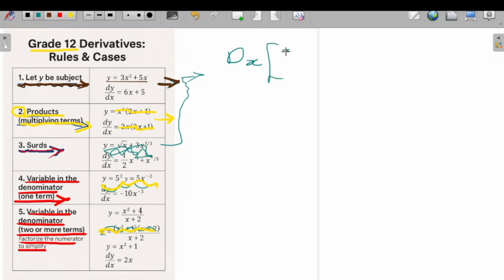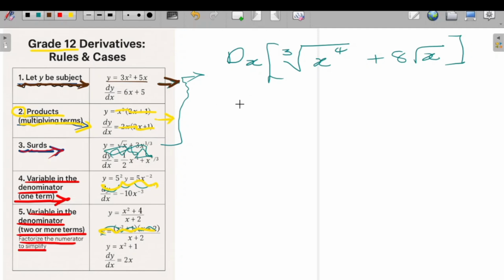I'll write it first, then you pause the video, see if you understand, and then see the final answer. So here I have plus 8, and then I have x. So this is what I have. You can pause the video right here and try to derive, and then we can solve it together.